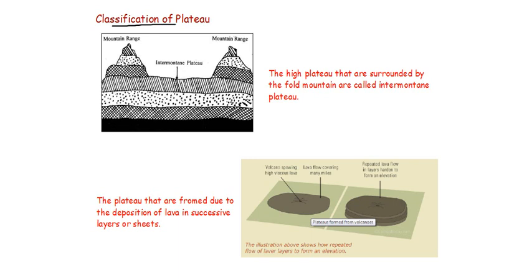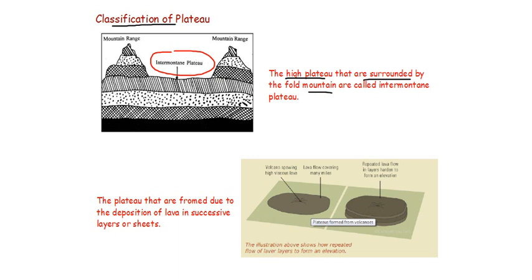Now, how do we classify plateau? We classify plateau into two broad groups. On the basis of location, we classify plateau as intermountain plateau. What is intermountain plateau? The high plateau that are surrounded by fold mountain are called intermountain plateau.